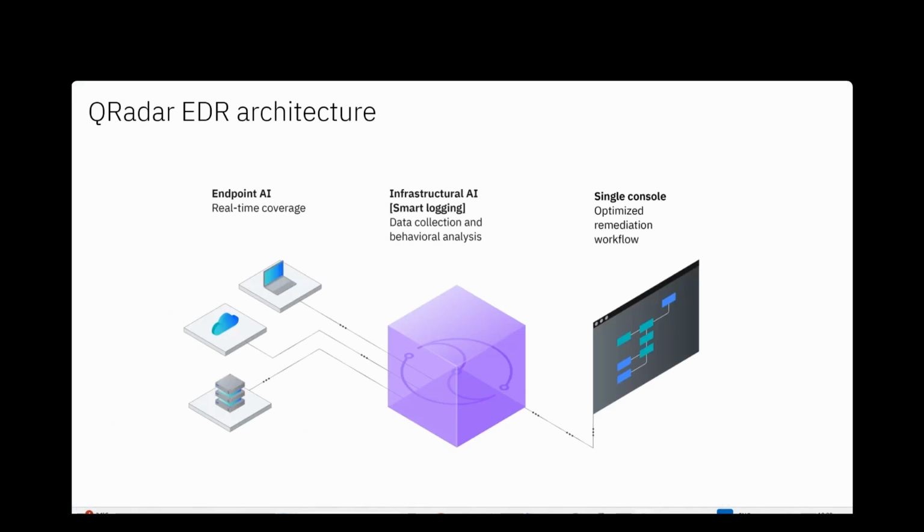Now, before starting with threat hunting, I would like to recap the QRadar architecture for folks who have joined us today for the first time. QRadar EDR architecture is a simple two-tier client-server architecture where the clients are simple agents deployed on endpoints, which are connected to Hive Brain, which does the smart logging, data collection, behavioral analysis, and all business logic stays here on the server part.